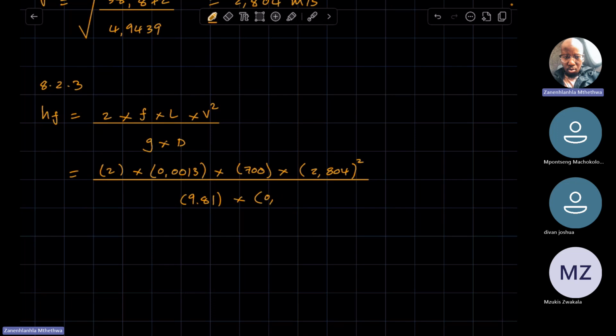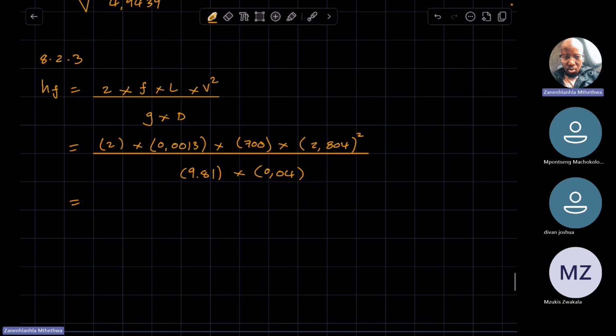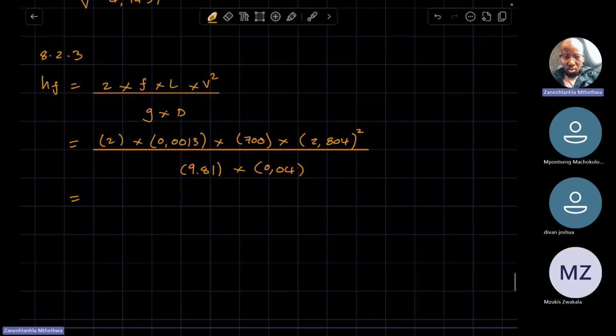The diameter is 0.04. So this is 2 times 0.0013 times 700 times 2.804 squared divided by 9.81 times 0.04. So I'm getting here 36.467 meters.